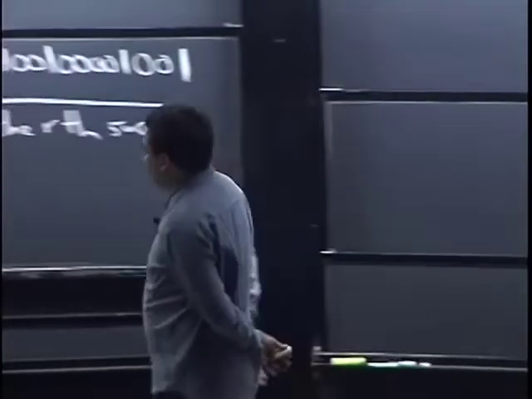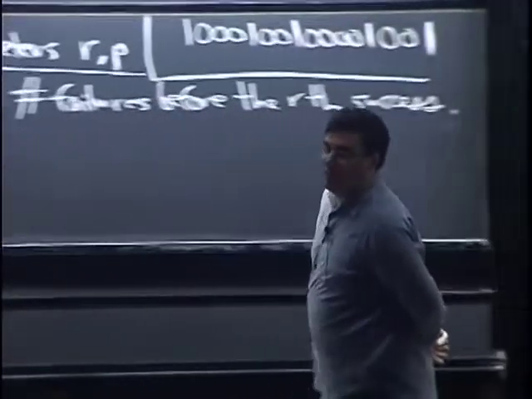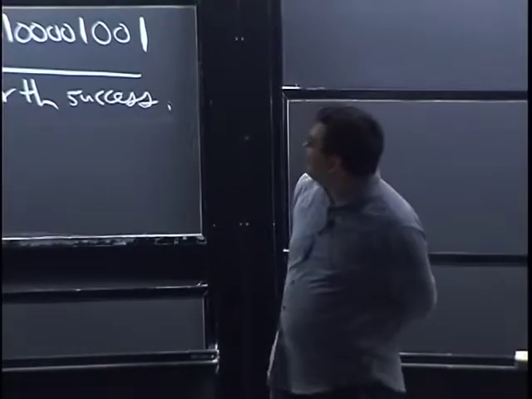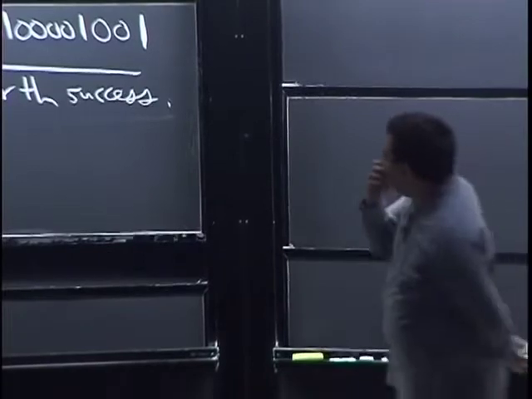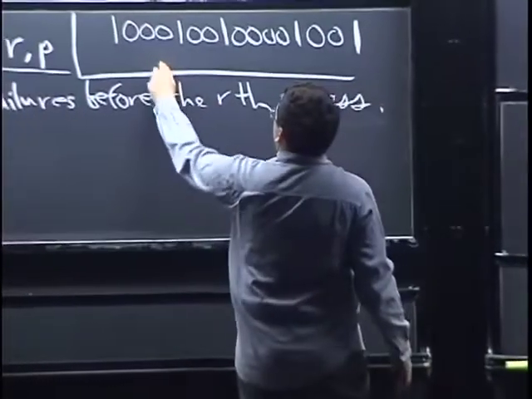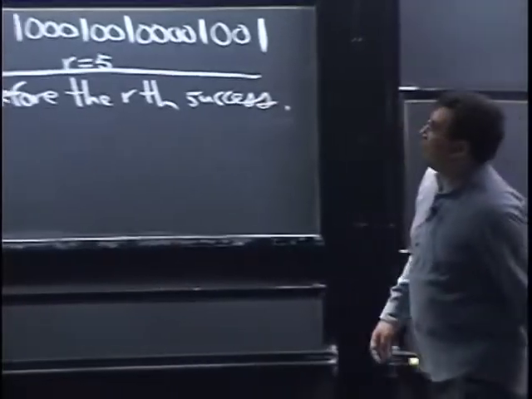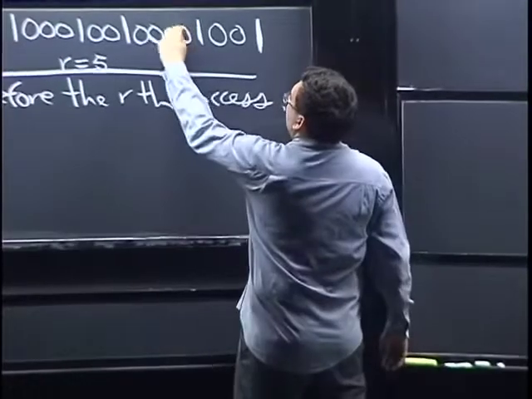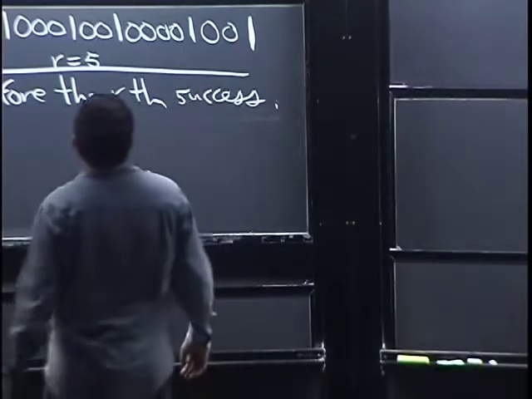So that's good. Don't want to do a lot of work. Just want to write down the PMF. So what's the PMF? Well, I say you just stare at this, so maybe we all need to stare at this a bit. I'm saying that R equals 5, just for the sake of example, because I drew 5 1s. And well, I guess I have to do some work counting the zeros.